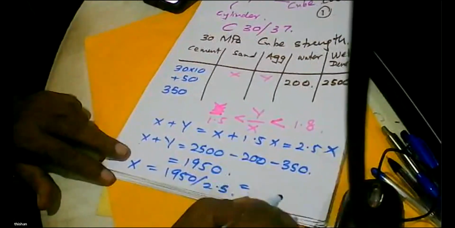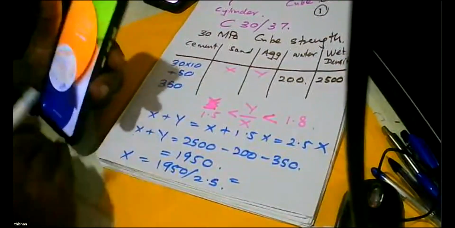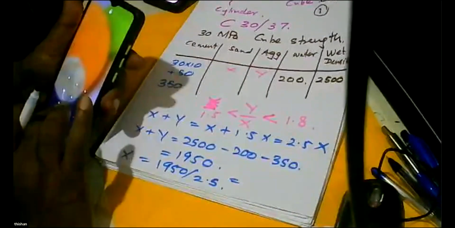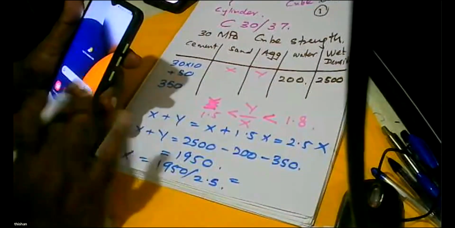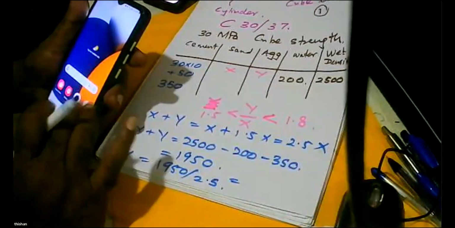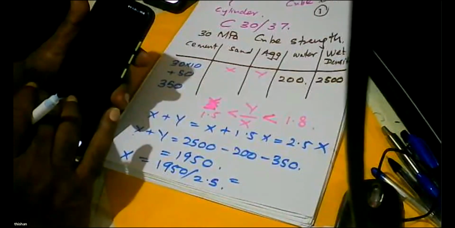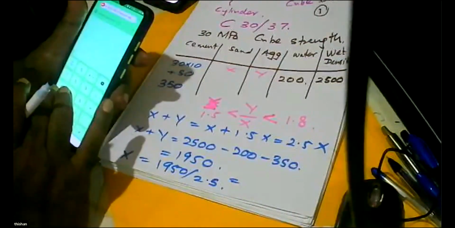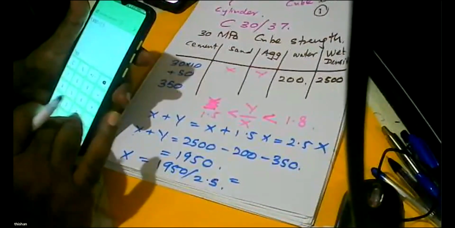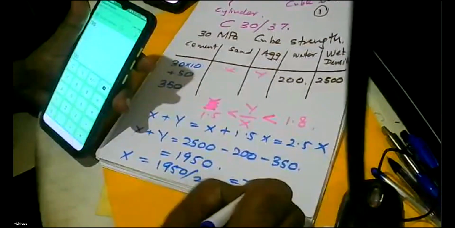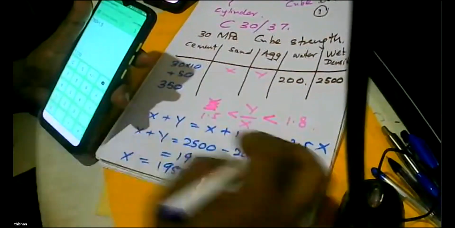What is the value that you get for this? 1950 divided by 2.5, the answer is 780, which means y, multiplied by 1.5, is 1170.